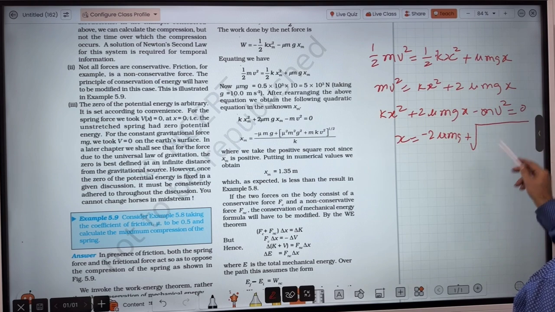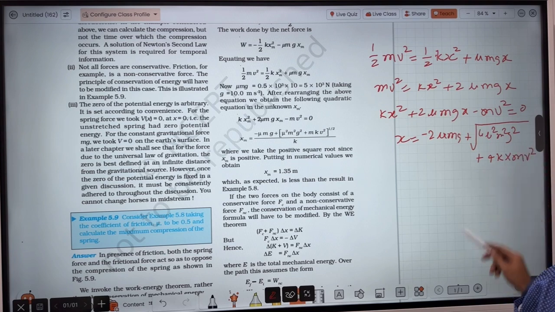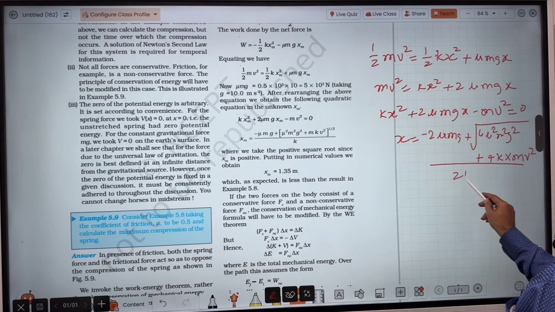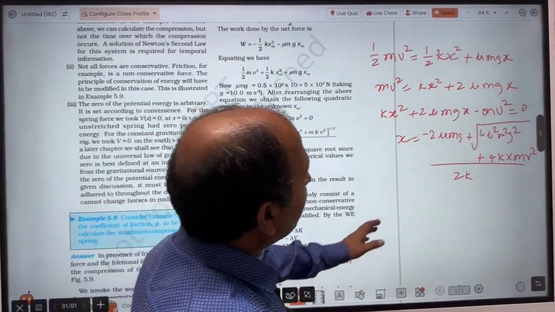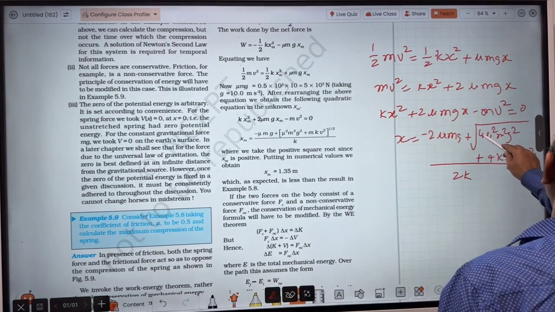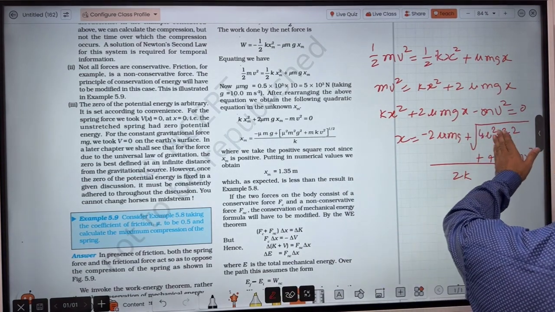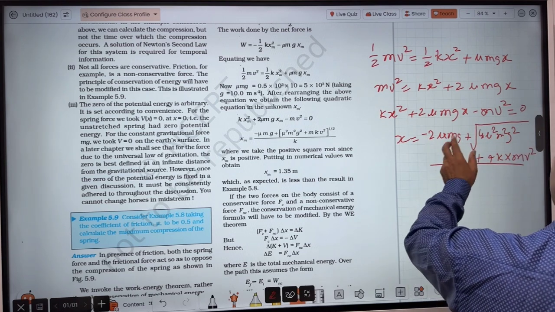So root of b square, square of this, 4 mu square m square g square, minus 4ac. So minus, here there is a minus sign, so it will become plus. 4a is k and c is mv square divided by twice of k. Now here each term contains 2, so this will give 4. 4 means 4 can be taken out, so it will become 2, and in every term there will be 2.